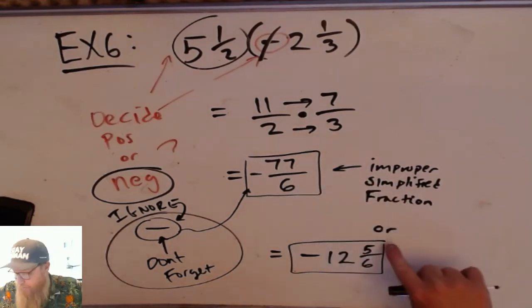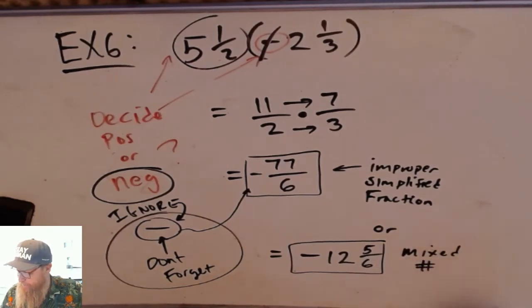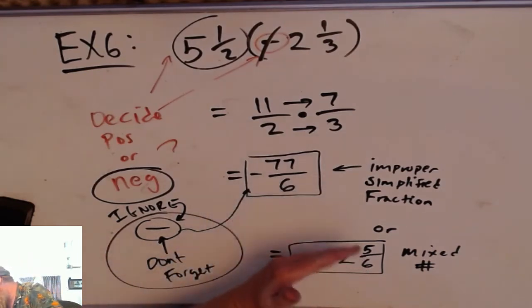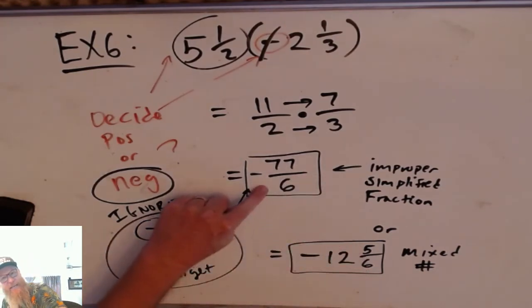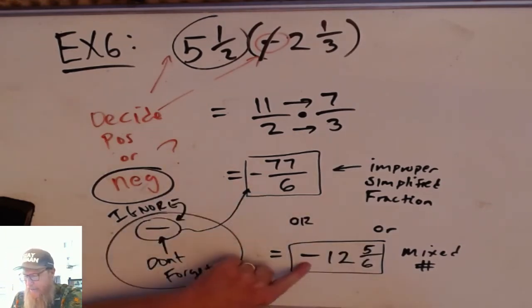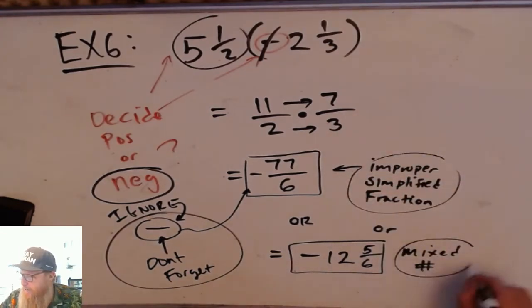So the remainder is 5. And so this would be the mixed number. For this particular problem, I'll give you a choice. You can either write it as negative 77/6, or you can write it as negative 12 5/6. I want you to see both possible answers.